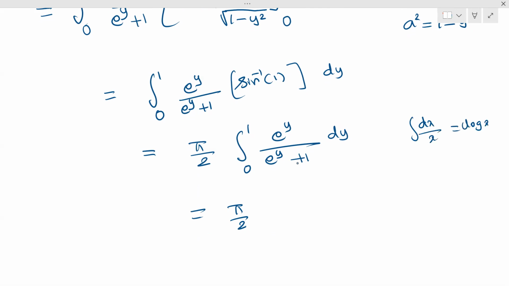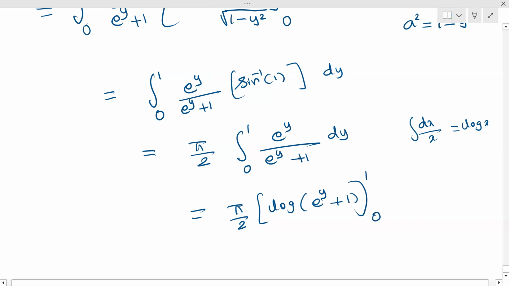The differentiation of the denominator is nothing but e power y, because the differentiation of e power y is e power y, and of 1 is 0. So it is of this format. It is nothing but log x; instead of x, what we are having is e power y plus 1. The limit is 0 to 1.